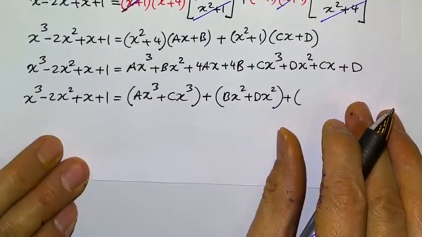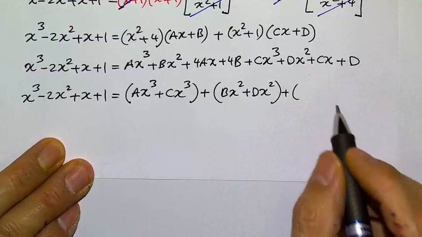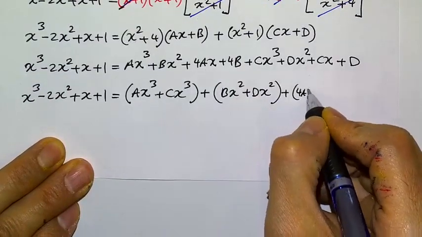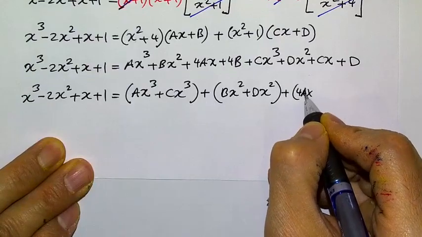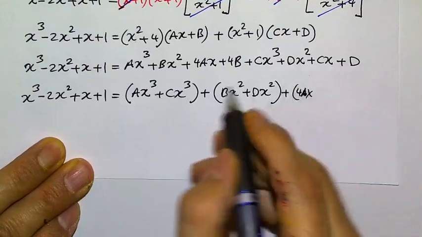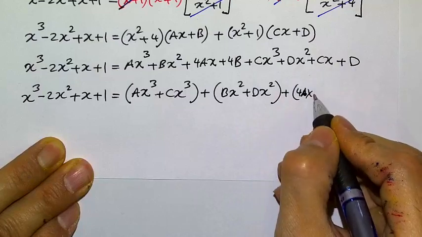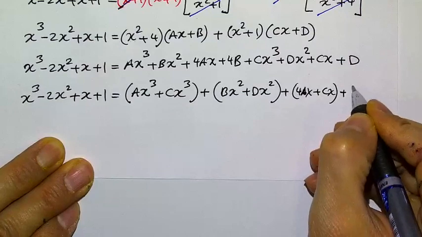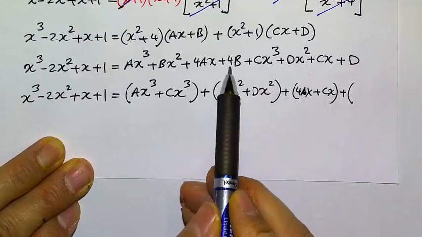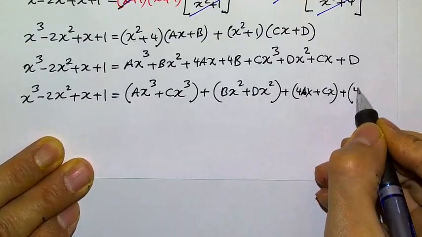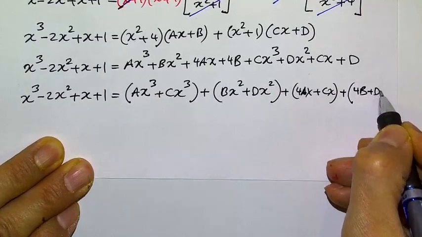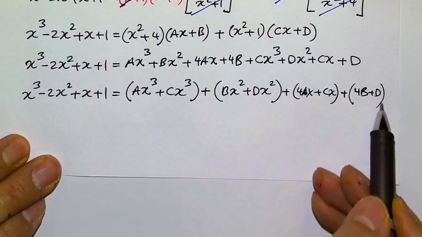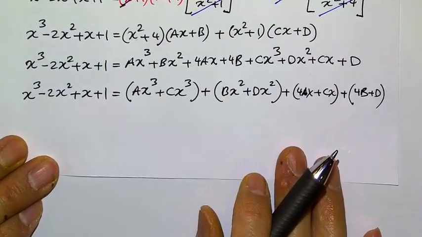I'll try to fit it in. So plus 4ax, that's 4ax, plus cx, that one, and of course plus the constants, 4b and d. Barely I was able to fit it, right? I had just a little bit before I ran out of room there.